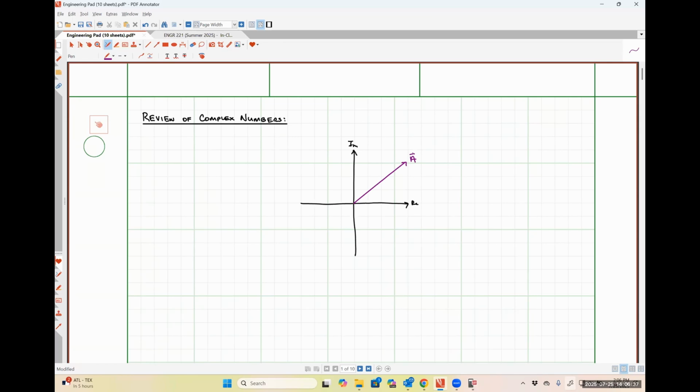In textbooks, they may use a bar, but more regularly, they will use boldface type to represent complex numbers, but I can't write in bold, so I use the bar notation to identify a complex number. Okay. So the first form of complex number that we're going to talk about is the rectangular form.